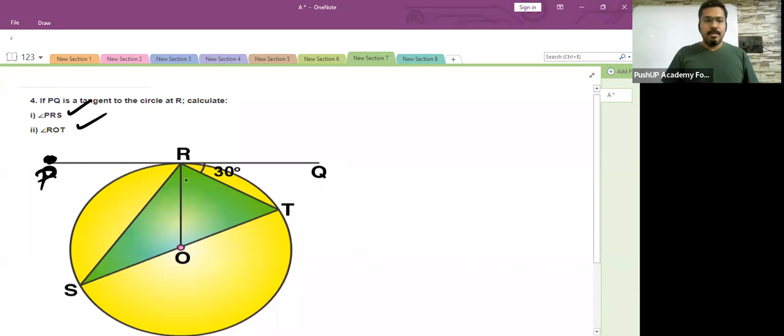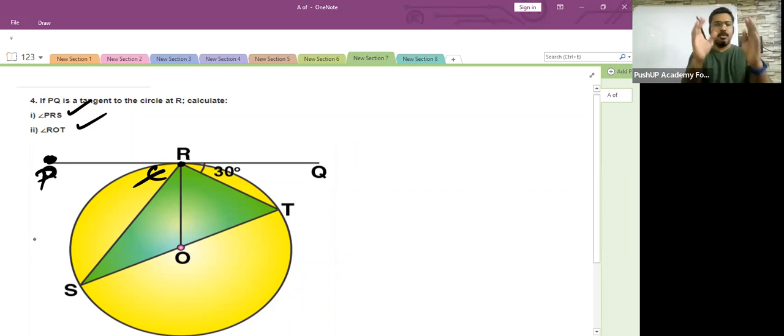So children, PQ is the tangent, isn't it? So you can consider PR as a tangent, RQ as a tangent. Both the same thing, right? Am I right, Milan? Can we say PR is a tangent? Can we say RQ is a tangent? Good. Now, they are asking us to find what? PRS. This is the first angle which you are asked to find.